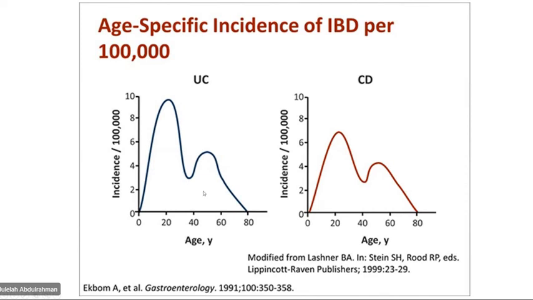I mean, we diagnose fewer patients at that age. And then there is another peak in the 50s to 60s. So again, as I told you, we can diagnose IBD throughout the ages, yet we have those peaks. So if you are asked about the age-specific incidence, you can remember the M-shape. There are two peaks, teenagers and early 20s, and late 50s and 60s.